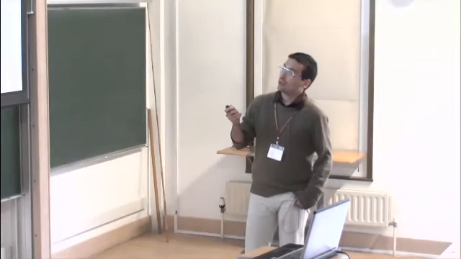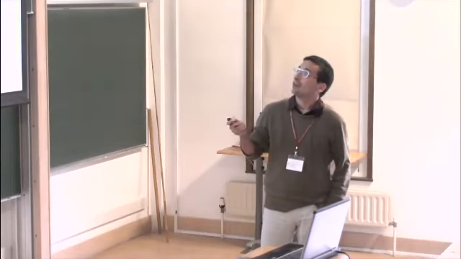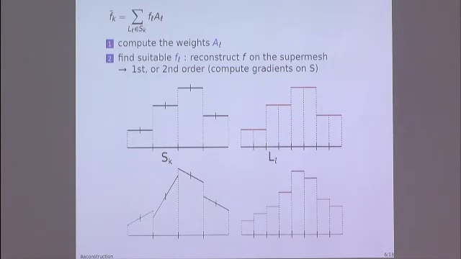So to have this, we will search for necessary conditions. What do you need to define this? You have to compute the weights, so the areas of all intersections. And you also have to find suitable F_L values, the values of the function on the super mesh. So you've got basically to do a reconstruction of the function on the source mesh, possibly with some subgrid reconstruction.